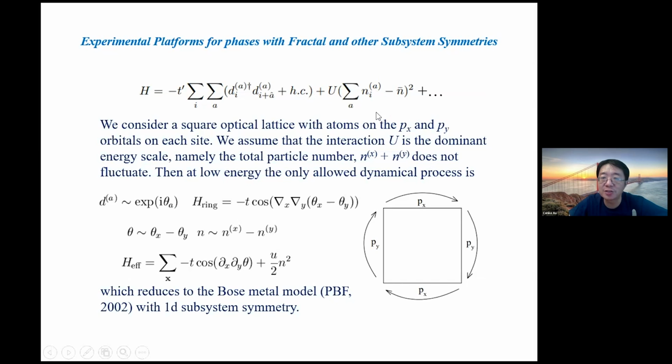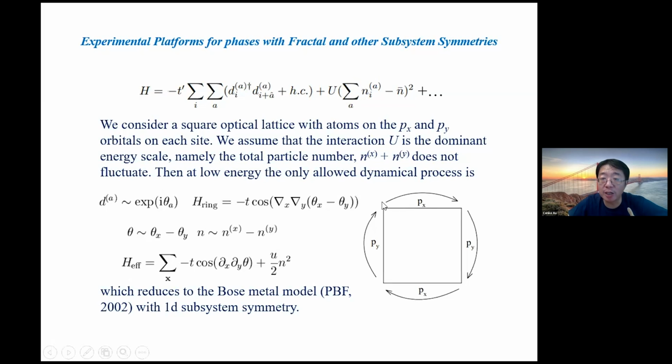When the U term dominates, it guarantees that the total particle number, px plus py, on every site is a constant. This means it looks like there's not much dynamics when I fix the particle number on every site, but it turns out there's still some dynamics.